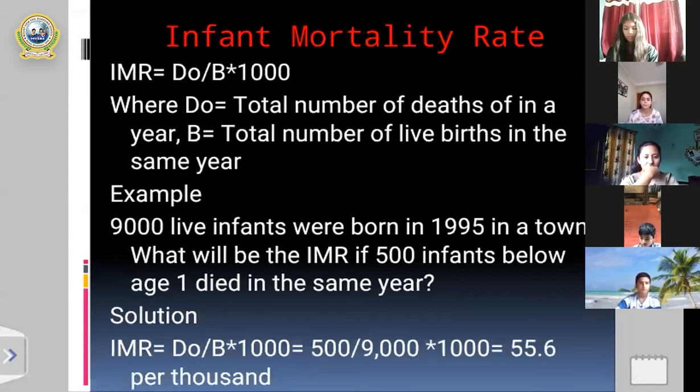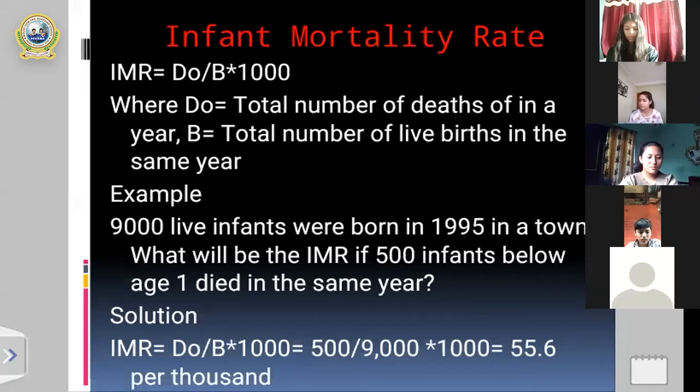Okay, my dear students, and for your easiness, for your kind information, if you want to calculate IMR from your side also, you can take one of the examples, and just as I told you, you have to replace the numbers and the year only. So for example, in the same example, suppose 8,000 infants were born in 2000 in a town.